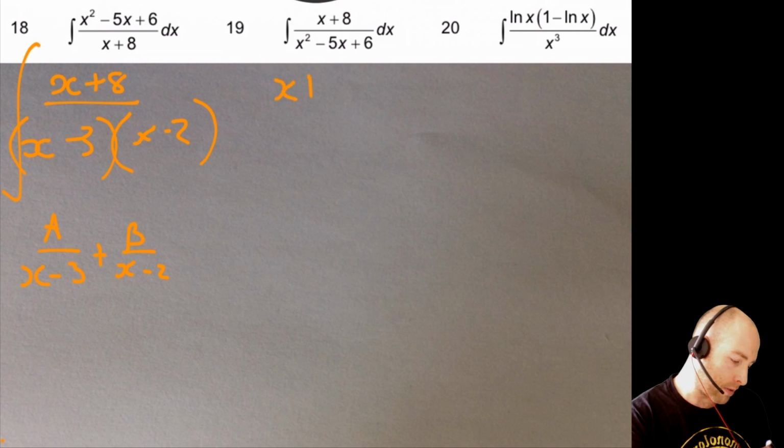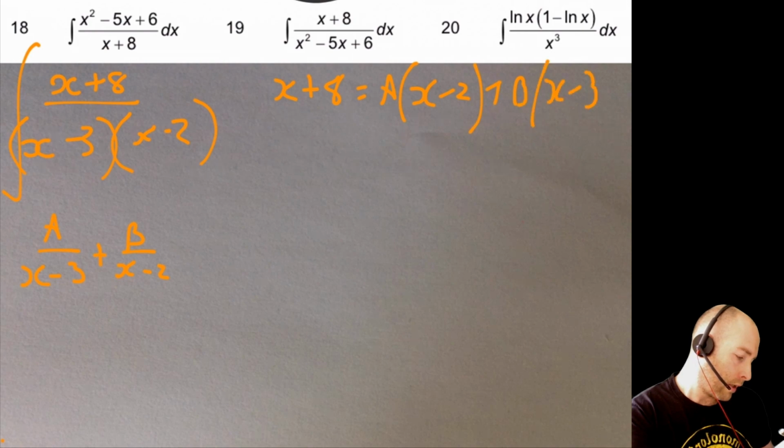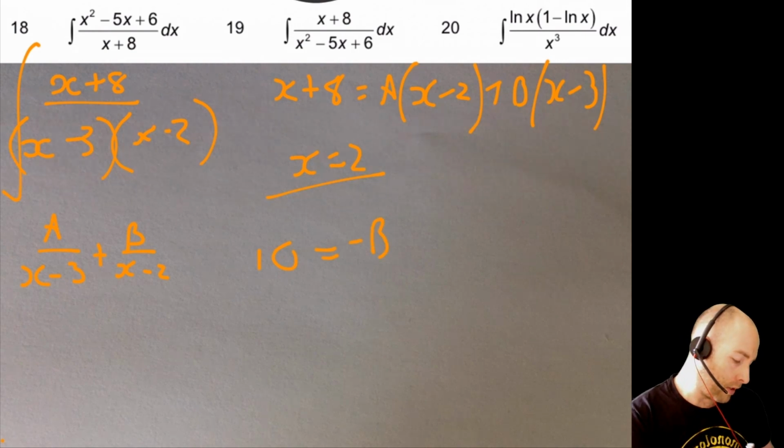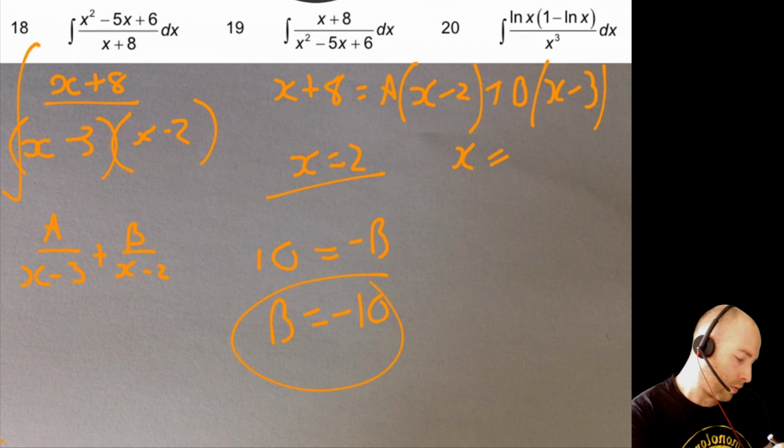We're going to get x plus 8 equals A(x minus 2) plus B(x minus 3). Let x equal 2. We get 10 equals minus B, so B is minus 10. x equals 3. We get 11 equals A.